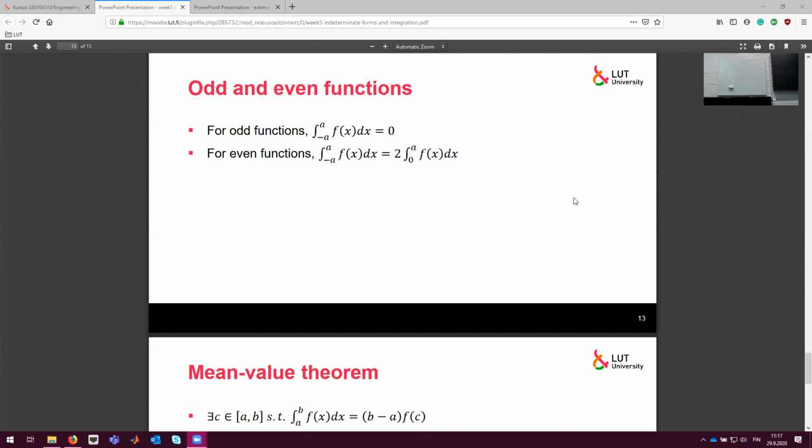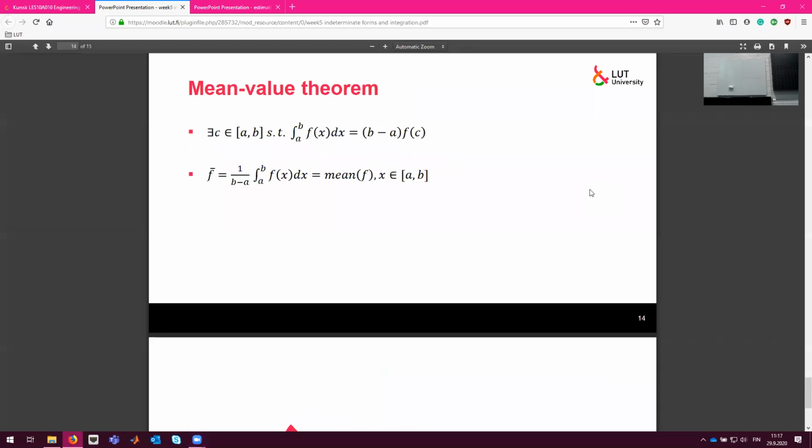Mean value theorem, we had this in the very early parts, and it has an interpretation here as well. If we can find the mean value of the function, then for integrals we can just multiply the interval length by the function's mean value on that interval.